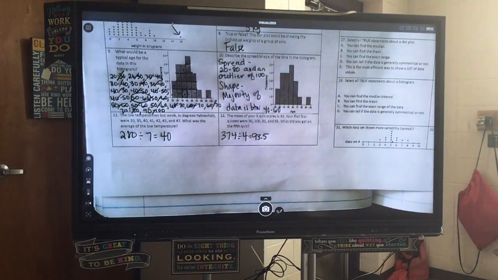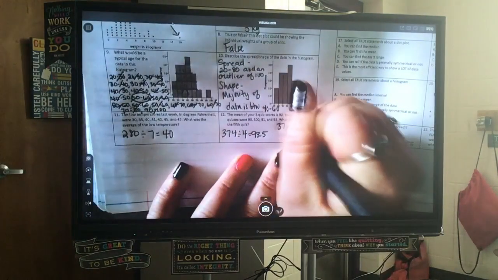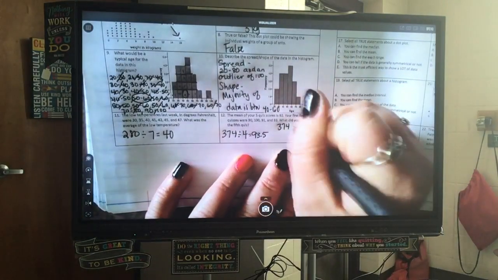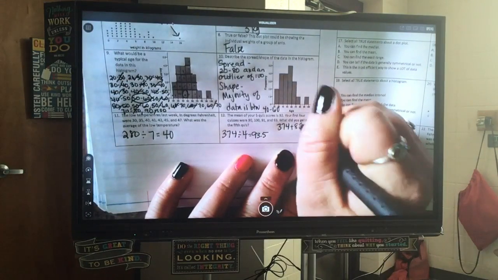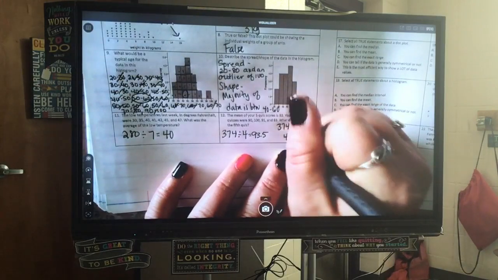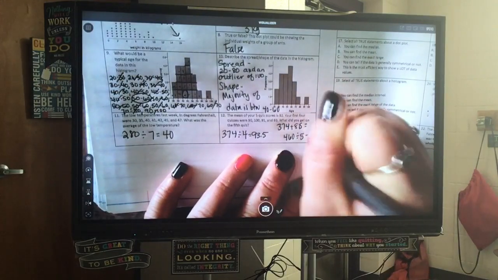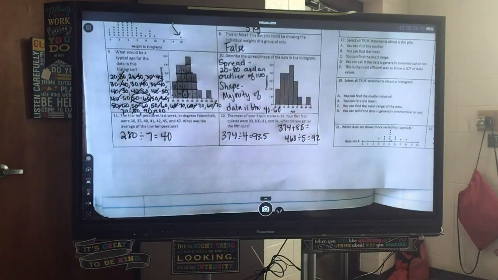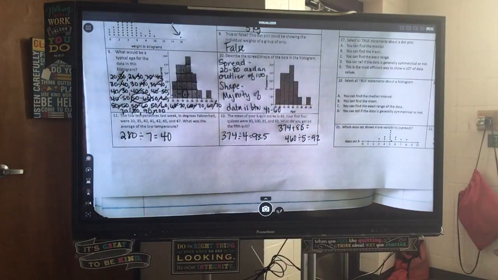This is just the way that I do it, but whatever works best for y'all, as long as we get the same answer. When I figured it out, 374 plus 86 equals 460, and I divided it by 5 and got 92. If that is not how you did it, that is fine. What you need to know is that the score is an 86.